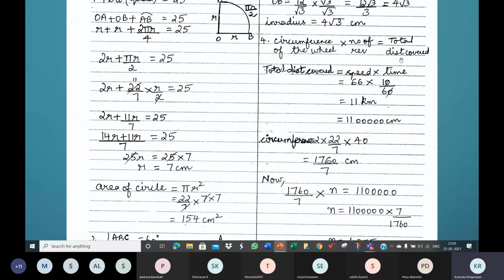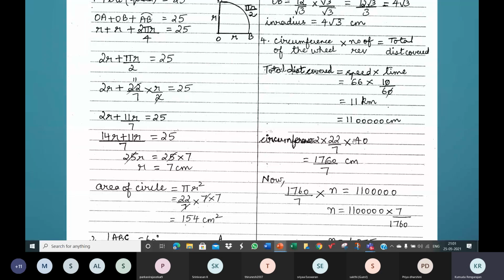Now to find this total distance covered, it's speed into time, because distance is speed into time. See, we are finding every part of this formula. This one will enable us to get the answer. Now, how do you find the total distance covered? Speed into time, so it's so many centimeters. Why do we convert this to centimeter?